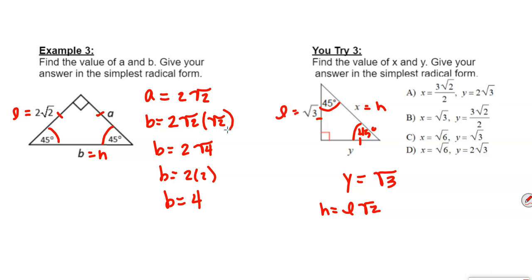This was our L, right? Okay. So we're going to say X is equal to the square root of 3 times the square root of 2. And we just multiply those, put them right back underneath that radical. So that's going to be the square root of 6. So X is the square root of 6. That's not A or B. And then Y is the square root of 3, not 2 square root of 3. So that's why our answer is C.